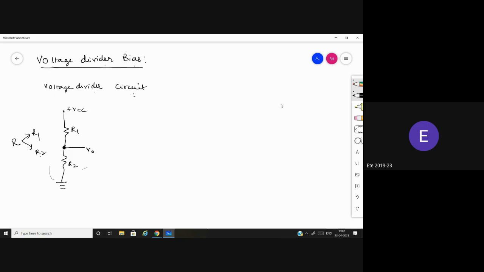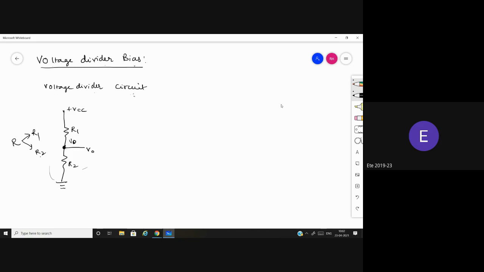Even when one tries to fluctuate, the other balances the voltage. That's why the voltage divider circuit maintains a constant base voltage.